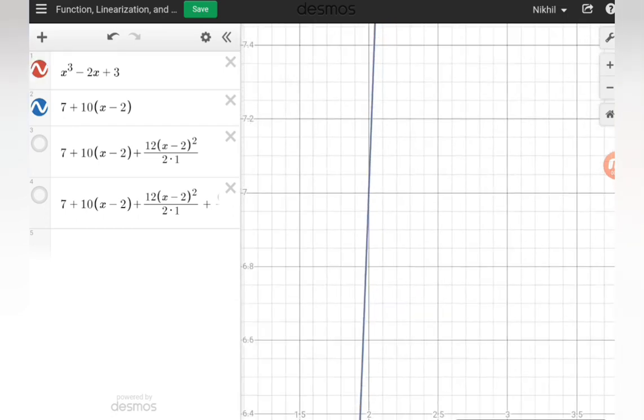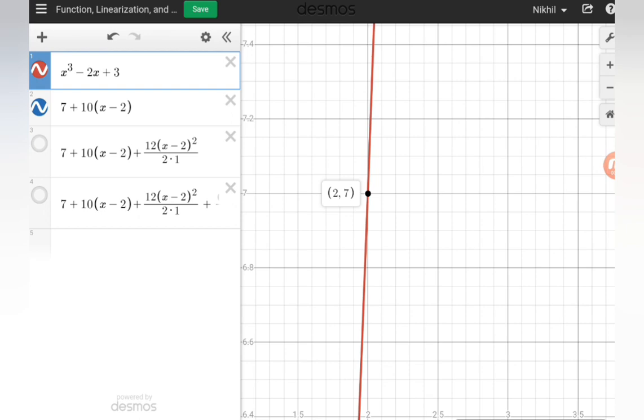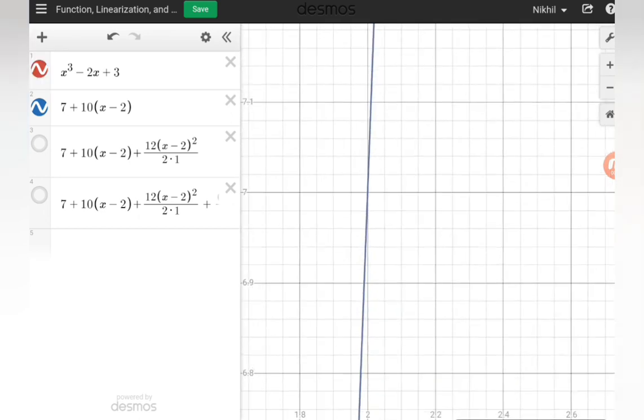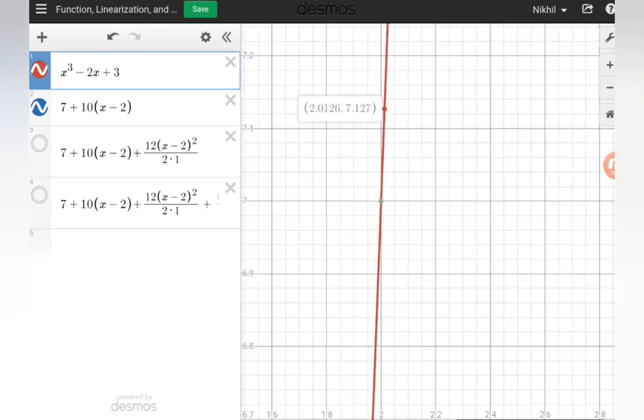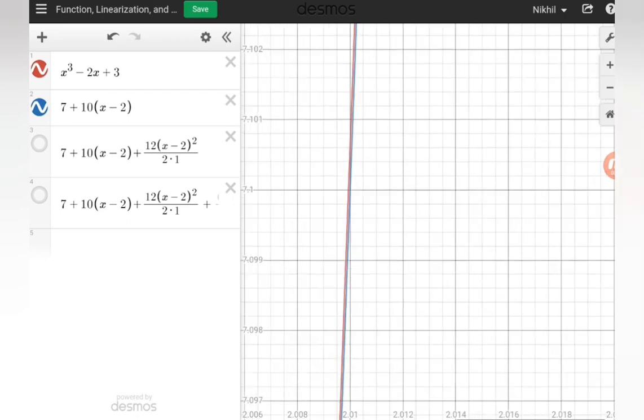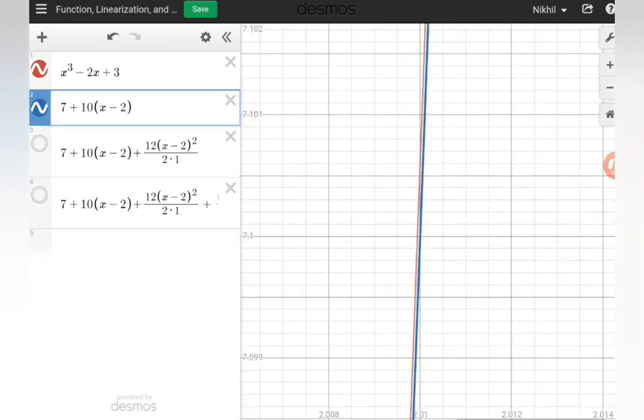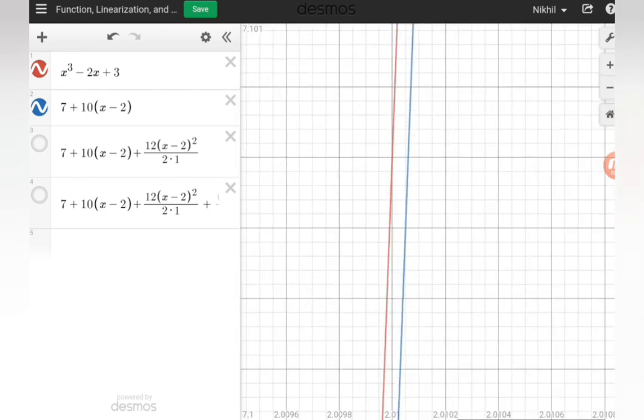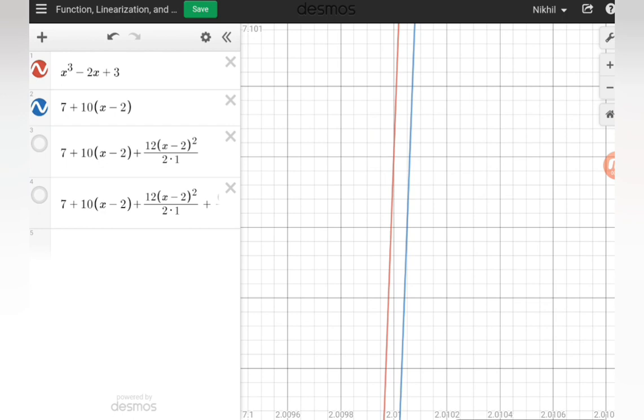They're overlapping because the linearization is tangent to the graph of the function at 2, right? But now if we go over to 2.01, that's like over here. Zoom in all the way. This is about 2.01. So you can see that the graph of the actual function and the graph of the linearization have a gap in between them, right?